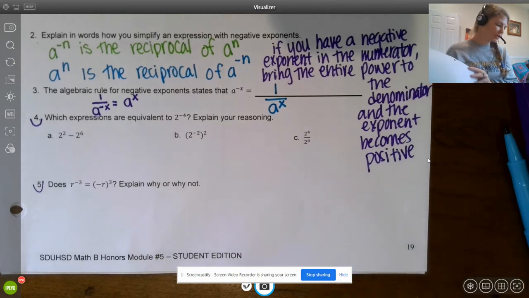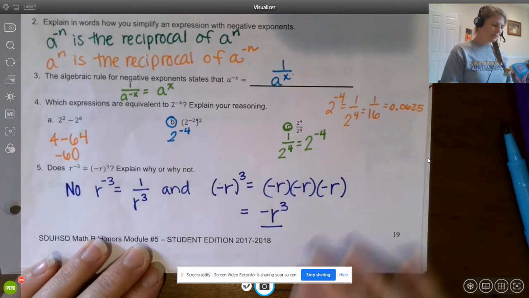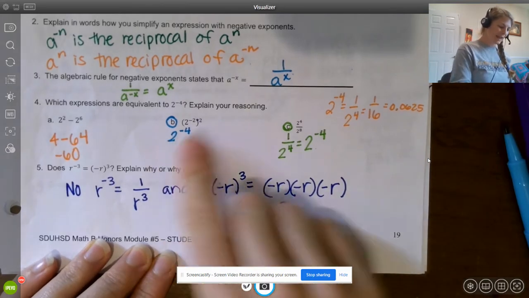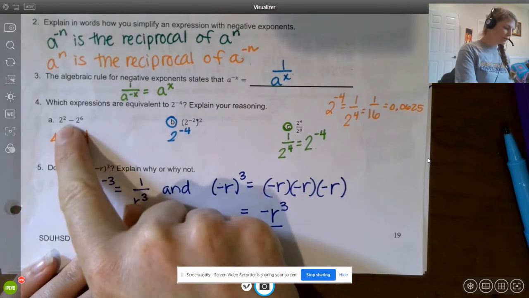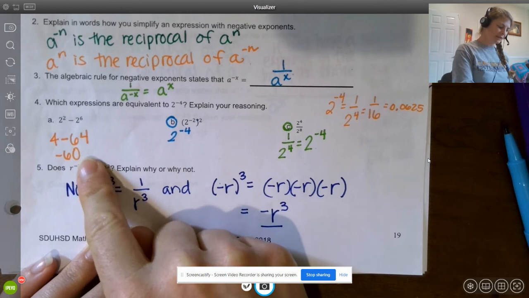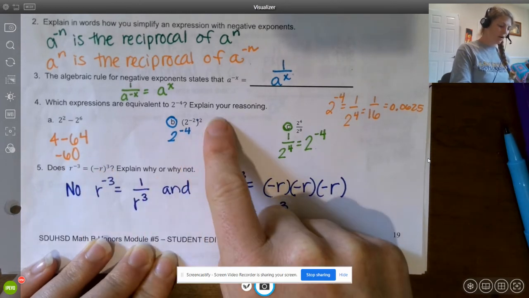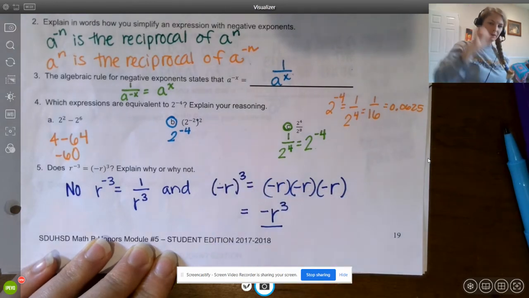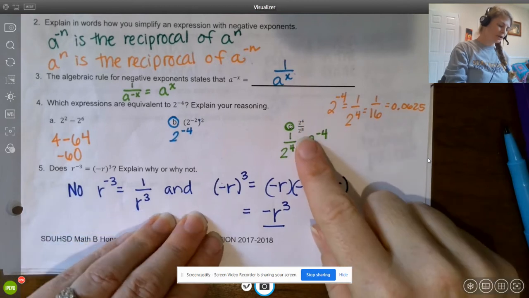Okay, number 4 says, which expressions are equivalent to 2 to the negative fourth, and explain your reasoning. So number 4 here, it's B and C. If you take a look, we want to follow our order of operation. So 2 to the second is 4, 2 to the 6 is 64, 4 minus 64 is negative 60. 2 to the negative second, all to the second power. Power of a power, we multiply 2 to the negative fourth. And C, we have a quotient of powers.